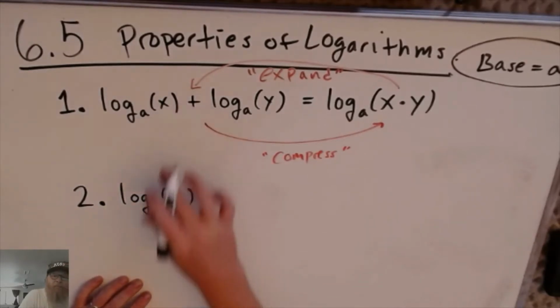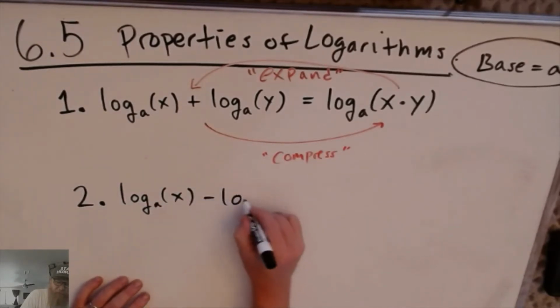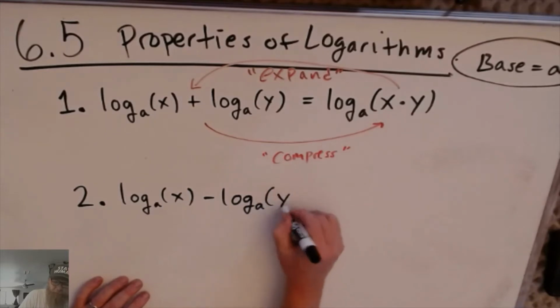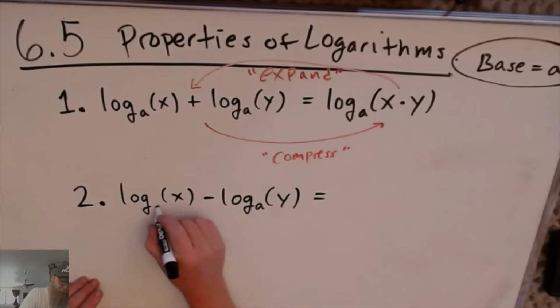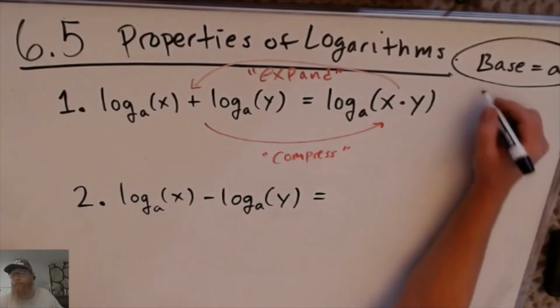So sum, the next one is the difference. Difference of two logarithms, they must all have the same base.